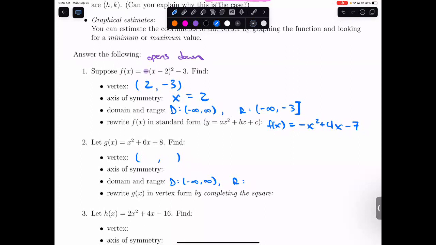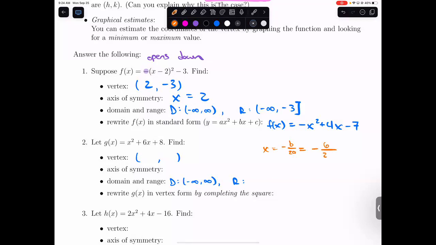And again, that part I need to do a little bit of algebra to find. Everything else is pretty much just sitting there. It's just about making sure we know how to read it. For 2, we have to do a little bit of work to find the vertex. It's in standard form, so I can't just read the transformations off. But to find the vertex, x is negative b over 2a.